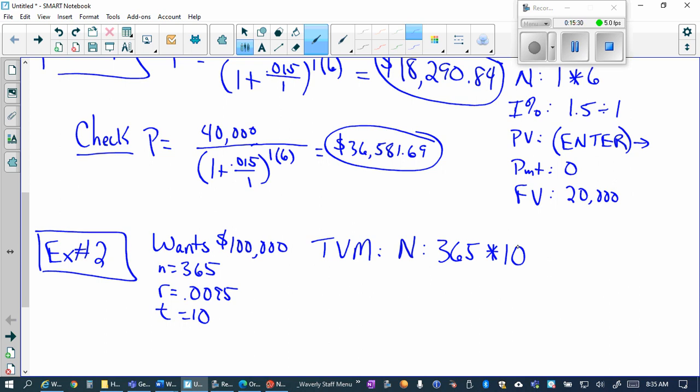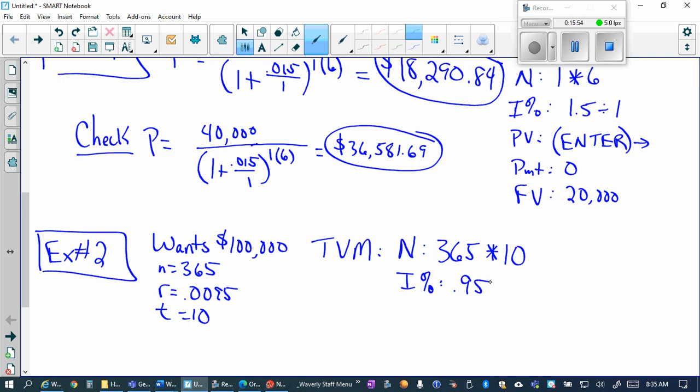Our I percent, interest as a percent. What are we going to type into that field? 0.95, not 0.0095, right? Remember in here, so 0.95. But wait a minute, that's the annual rate.